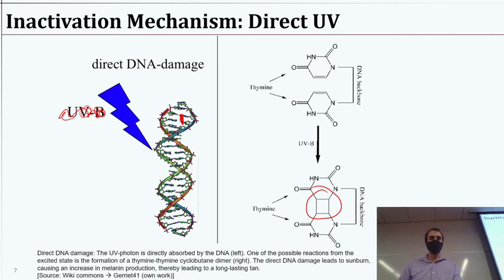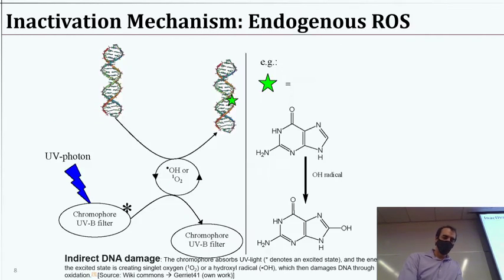So it won't be able to do that potentially because of that dimerization. Then you could also look at repair mechanisms, which would be targeting those dimerizations to aim to fix them, to remove them and to repair them.